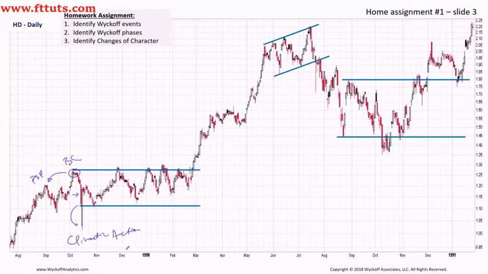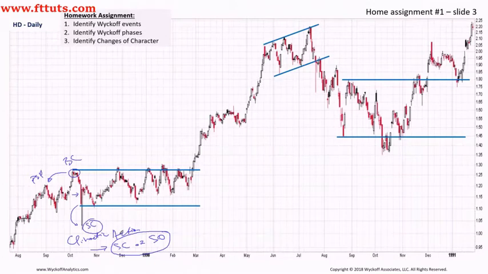Climactic action usually is going to be associated with two things. Either a climax itself, so in this case a selling climax, or a shakeout. I would say that it's a climactic action, very much in association with a selling climax. Okay, so let's say that this is a selling climax.